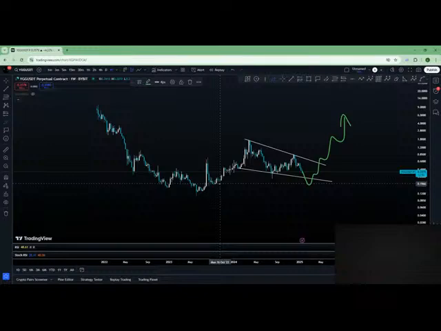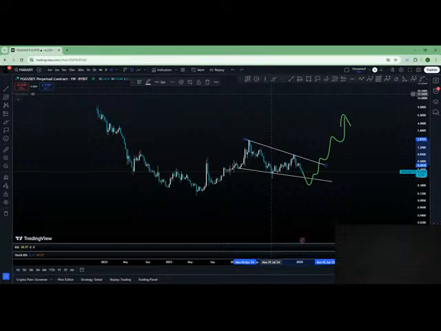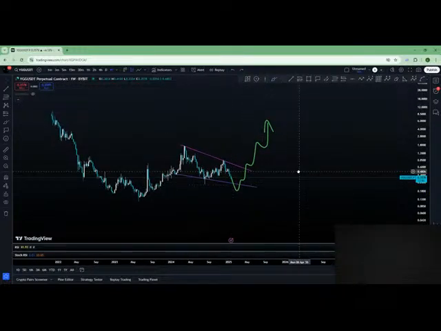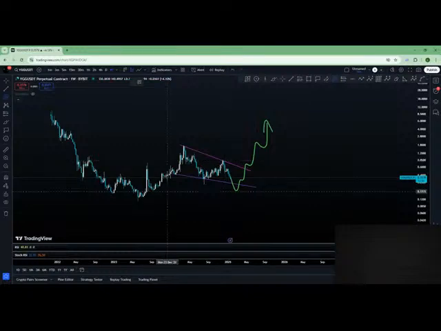So this is a bull flag, as you guys know. I'll mark in another color. If the pattern works the way I say, the market could even go higher.